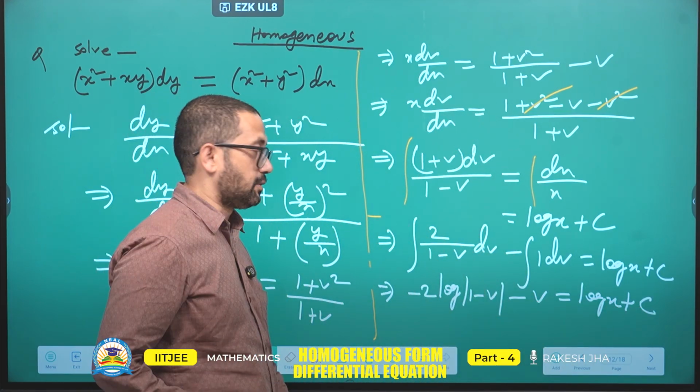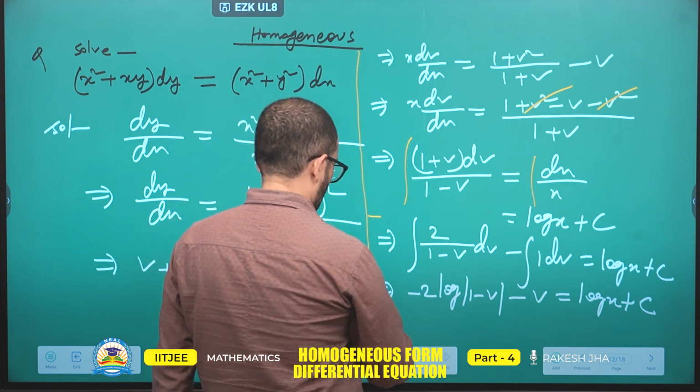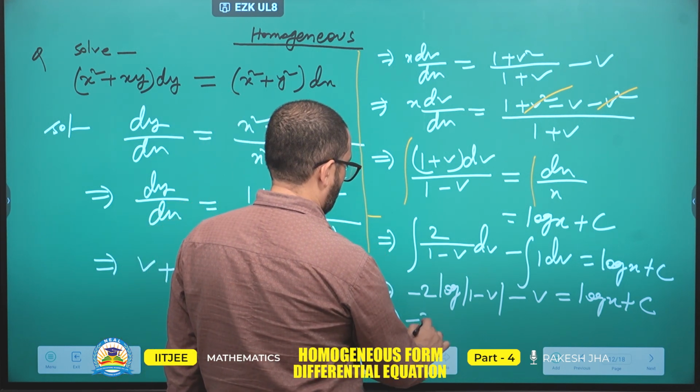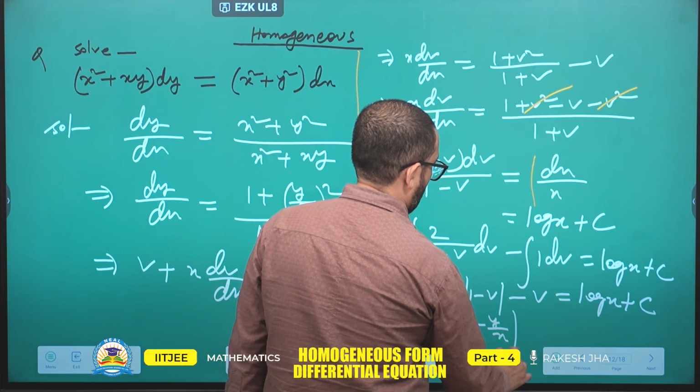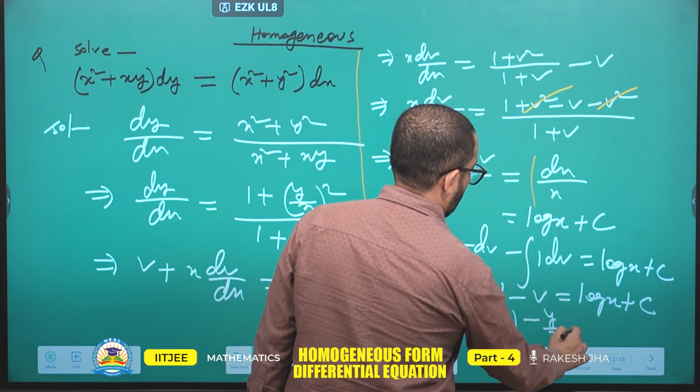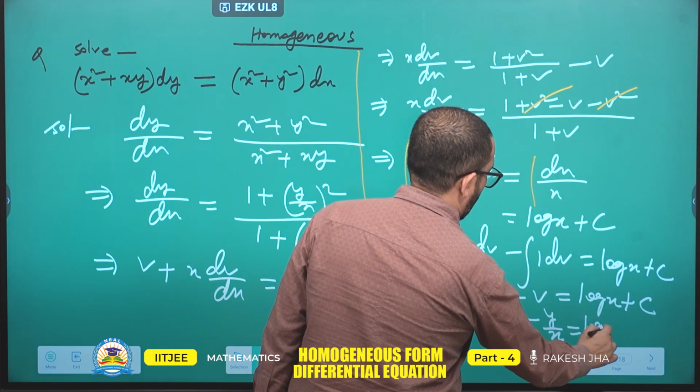So now we have to substitute the value. So minus 2 times log 1 minus y upon x minus y upon x is equal to log x plus c.